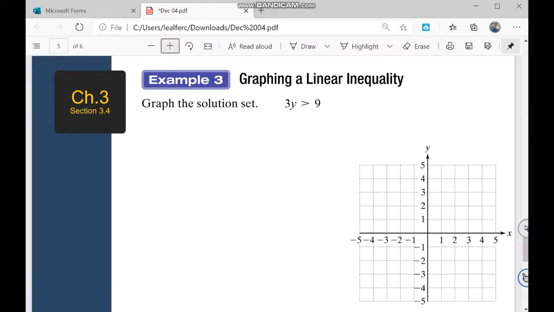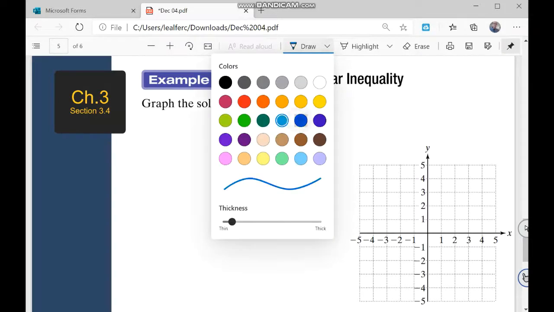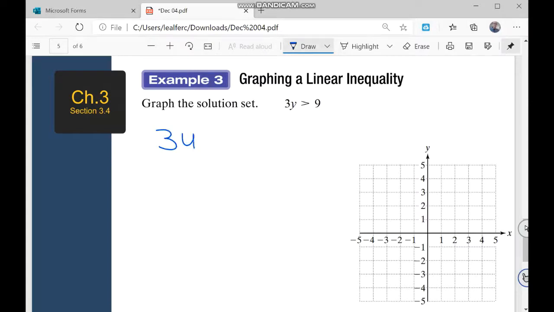The next example we have here is the inequality 3y greater than 9. And this is kind of a special case as well, because we can solve for y. We have y here.